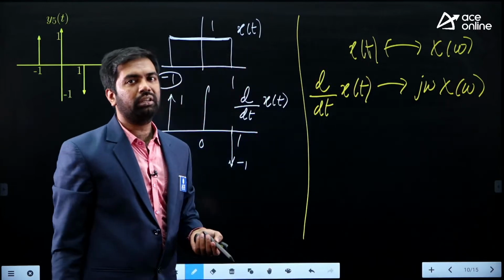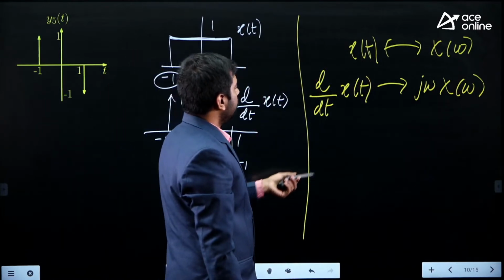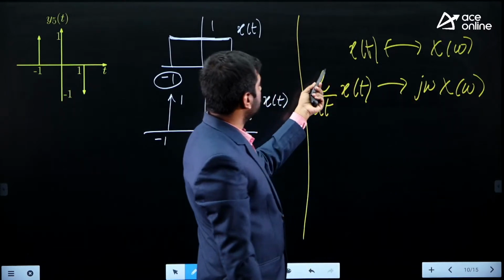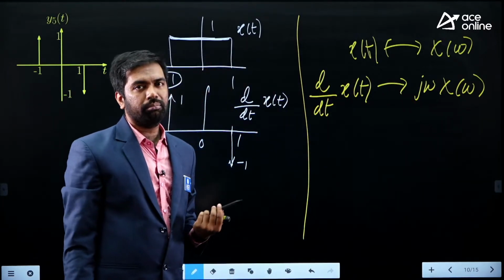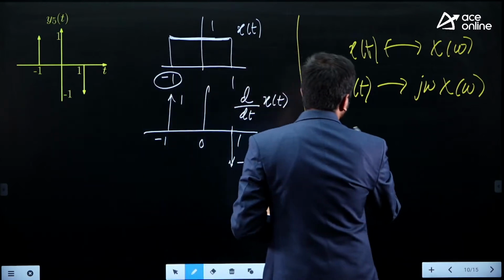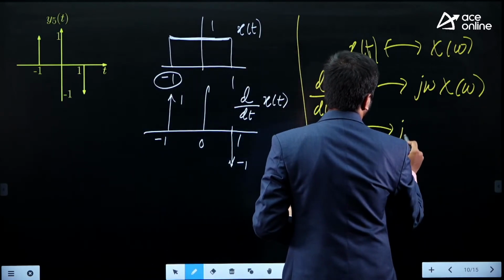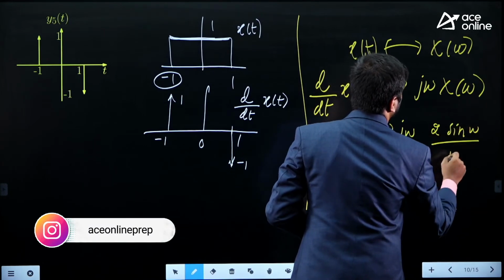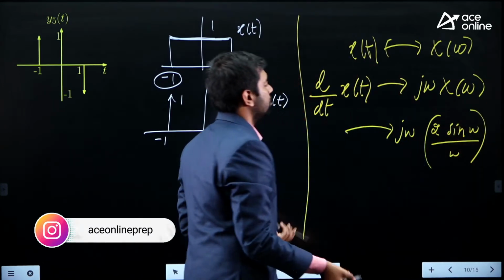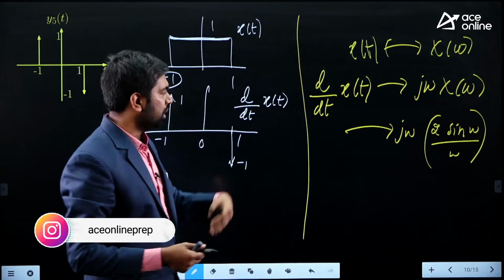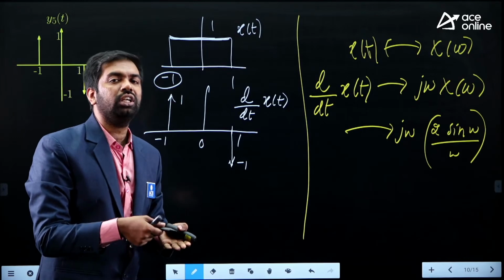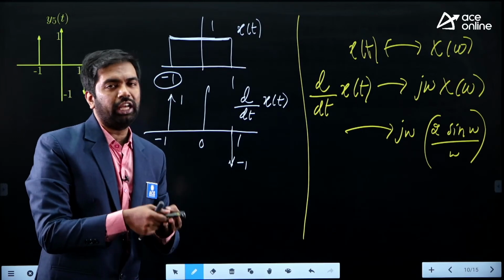It's a very simple result. So if you know the Fourier transform x of omega, you can easily find the Fourier transform of d by dt of x of t. So what's the answer? The answer for the present question is j omega into 2 sine omega by omega. So this is the answer for the question. And what is this property? This is differentiation in time.